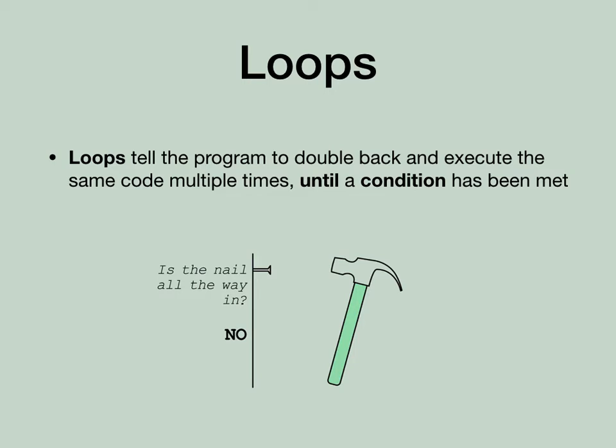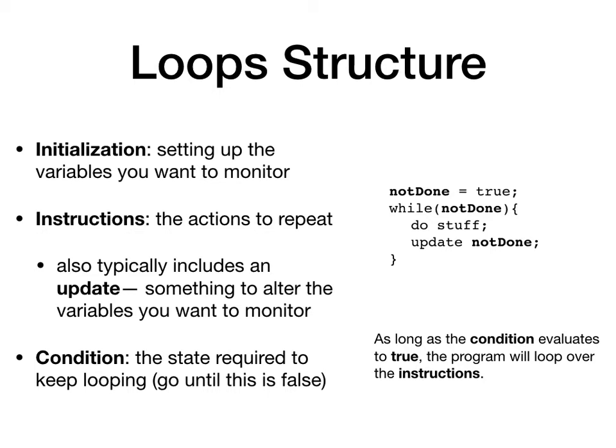So let's talk about loop structure in general. First, you have to initialize: what am I going to be monitoring here? What am I going to be doing? Then I have the instructions that I'm going to repeat. So the initialization is like setting the nail up, right? This is the thing I'm going to be paying attention to, to decide how long I should repeat my behavior.